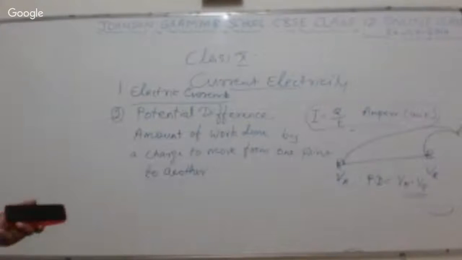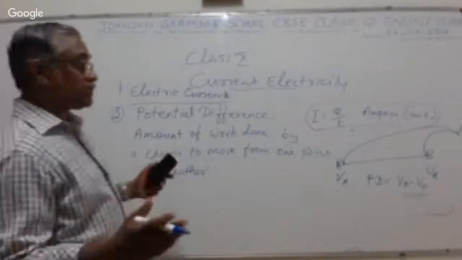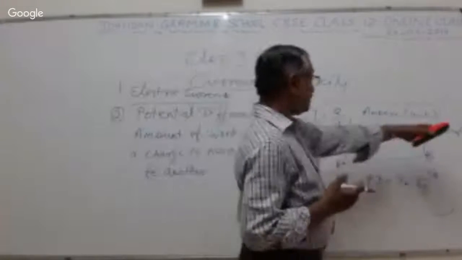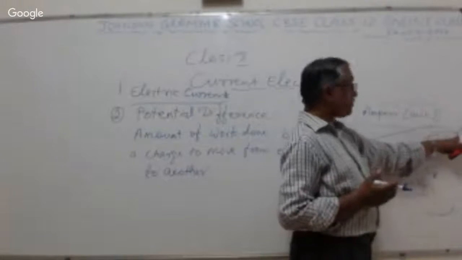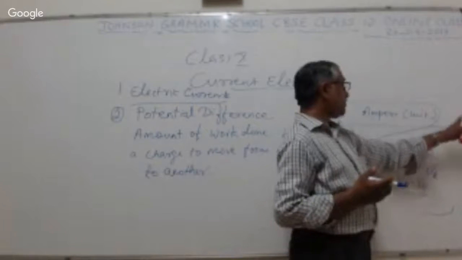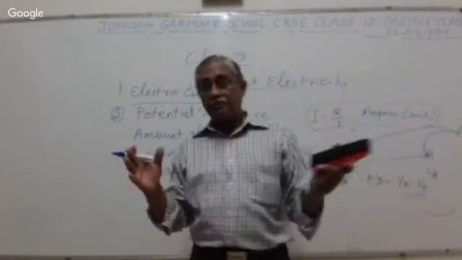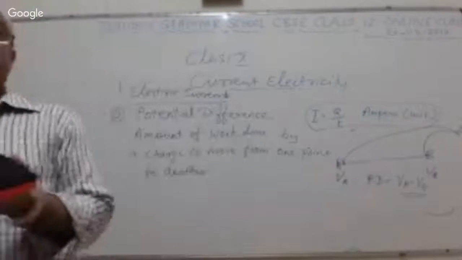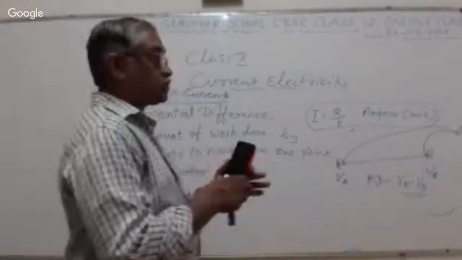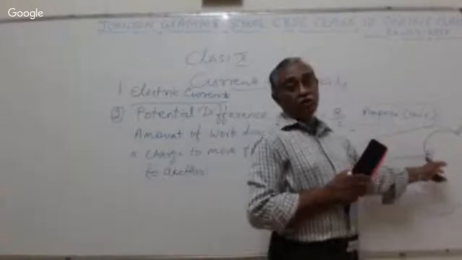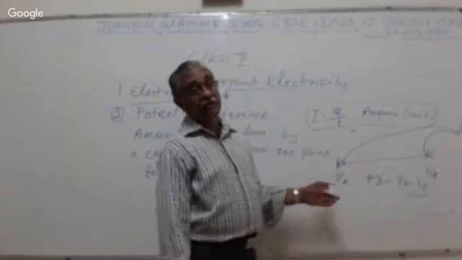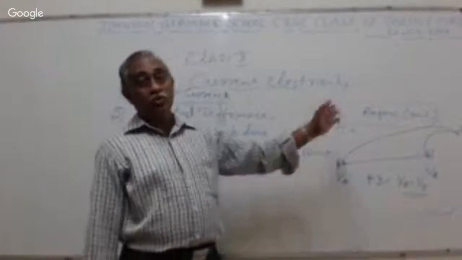It is nothing but the work done to move the charge from infinity to point A, and a different amount of work done to move the charge from infinity to B. So you have two different points, and the potential difference comes when two fixed points, A and B, are given. So potential difference is the amount of work done to move the charge from one point to another point.